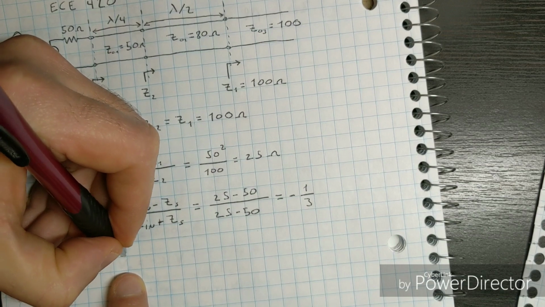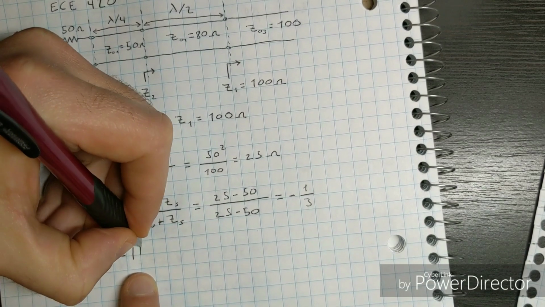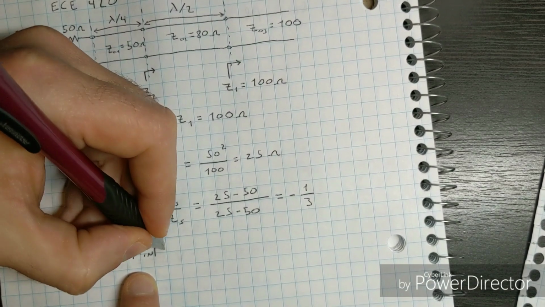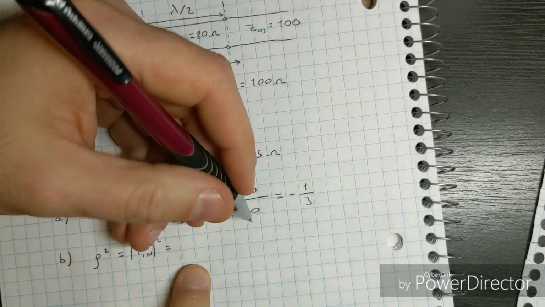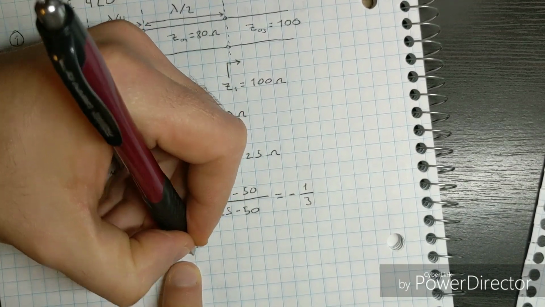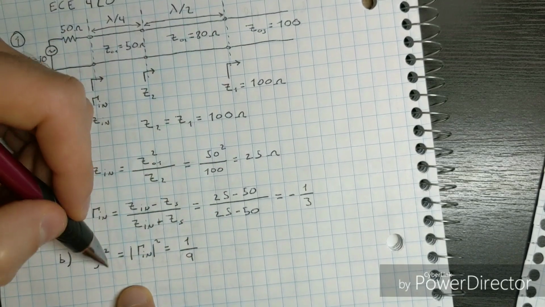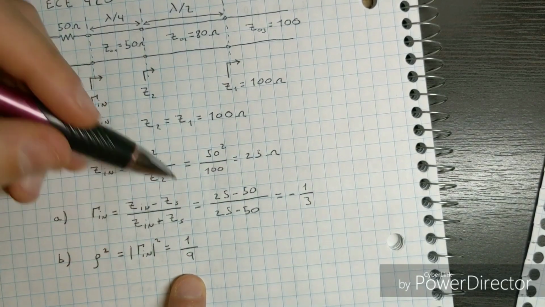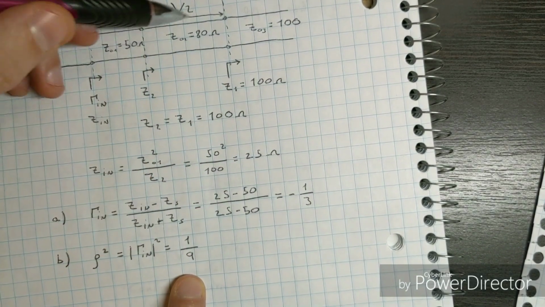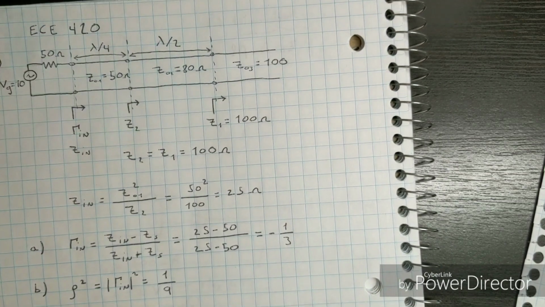So we get the magnitude squared, and that's going to be 1/9. So what that means is 1/9 of the power that is incident into this network is going to be reflected back.